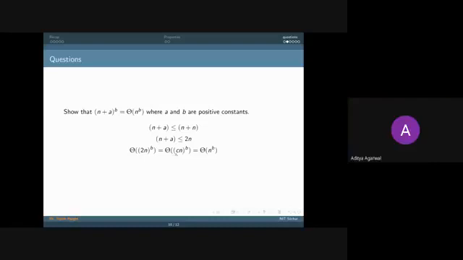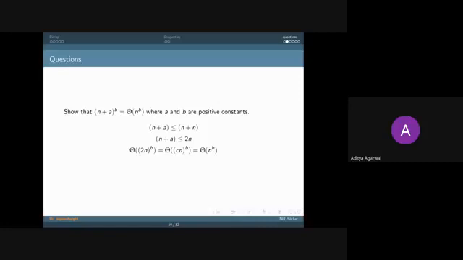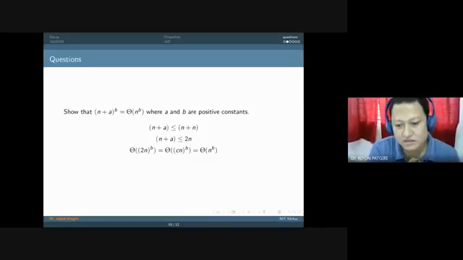Sir, c can't be negative, right? It can be negative, a negative constant can be added also. It doesn't matter.